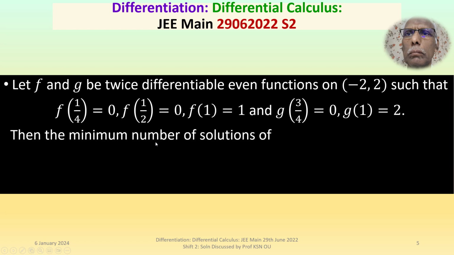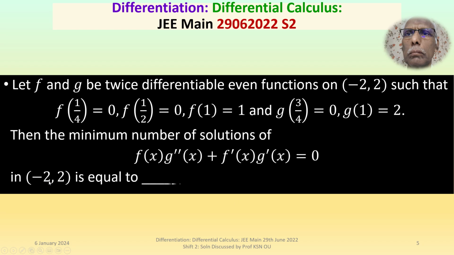Then the minimum number of solutions of f of x multiplied by g double prime x plus f prime x multiplied by g prime x is equal to 0 in the open interval -2 to 2 is equal to.